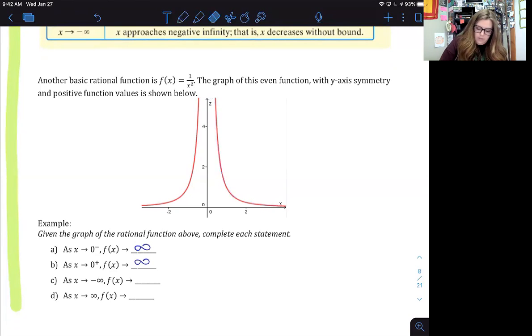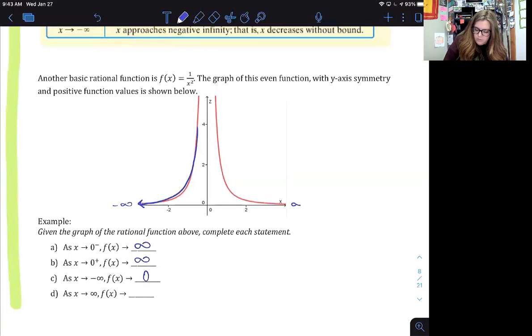All right, last two. As x approaches negative infinity, remember, negative infinity is over here on the left. And as our graph approaches negative infinity, what's our y value? We're getting really close to 0. And as x approaches positive infinity, which remember would be over here on the right, our graph is getting closer and closer to 0.